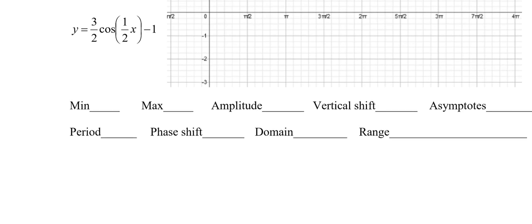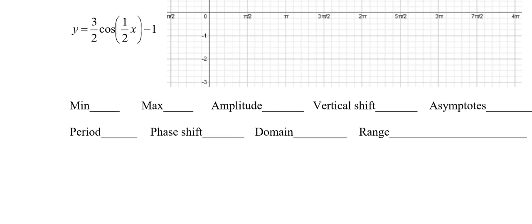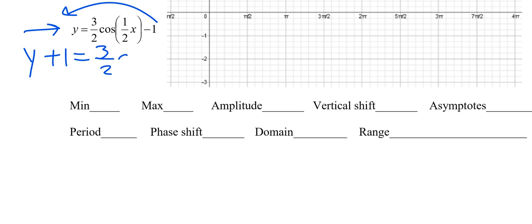Okay, suppose this is part of question 12, okay? Suppose you were given this equation, which is probably how it's going to look. I need to understand what's going on. So help me put it in fireproof form. What do I do first? Add the 1, okay? Now what? Divide by 3/2.